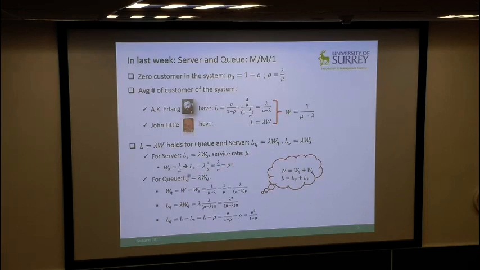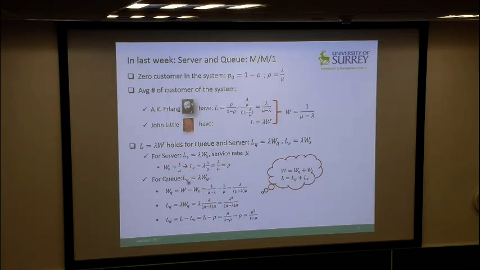So we have an interesting relationship between the number of customers in our service and the whole system utilization. They have the same value, LS equals rho. And so this is for the service.